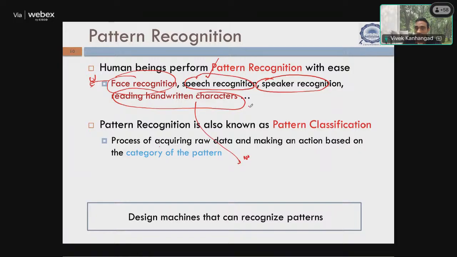So yes, in this case it's an image or computer vision system, whereas here it's signal processing. This is also going to be signal processing. I'm not sure exactly what your question is. Any other questions?